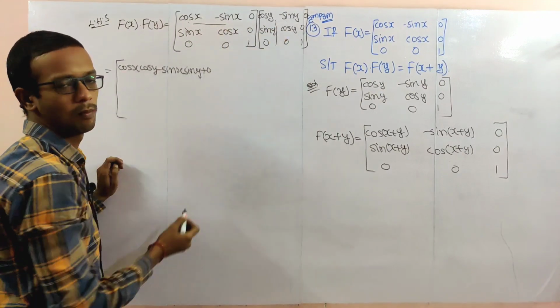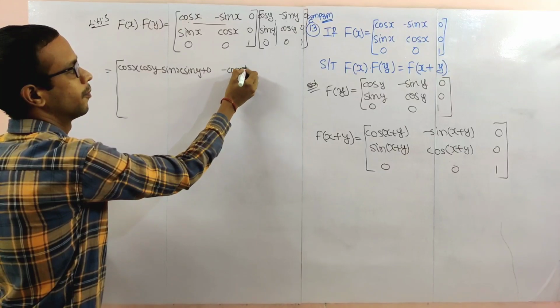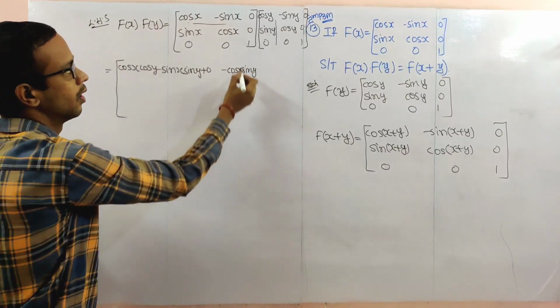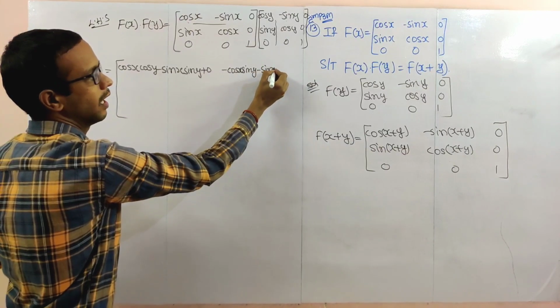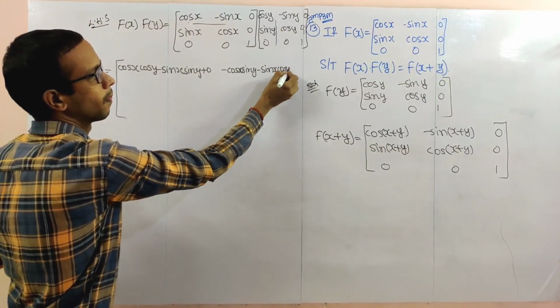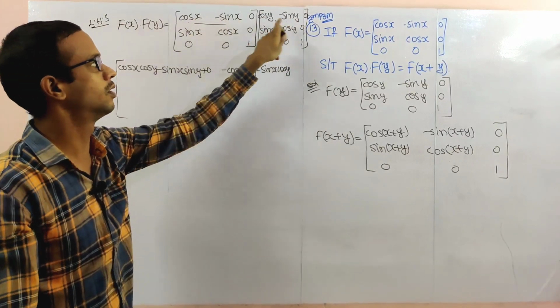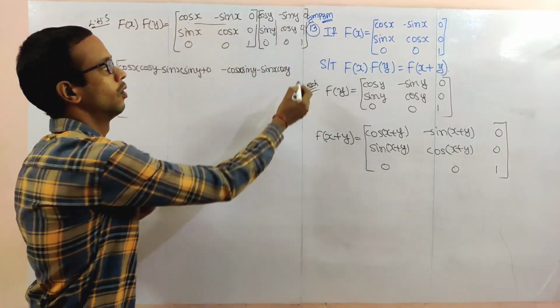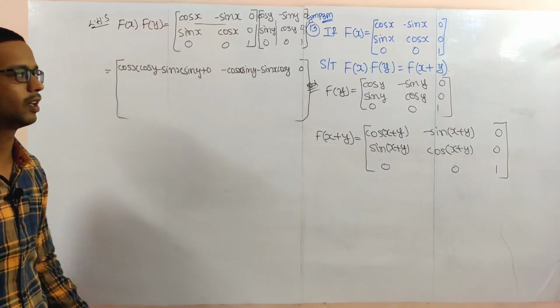Cos x into minus sin y, minus cos x sin y. Next one, here also minus sin x cos y. Then 0. Next value 0, 0 and 0. So total will be 0. Third one will be 0.